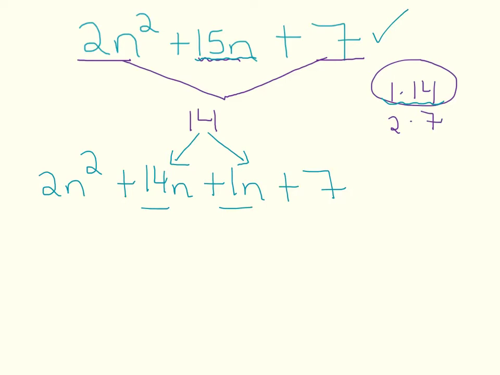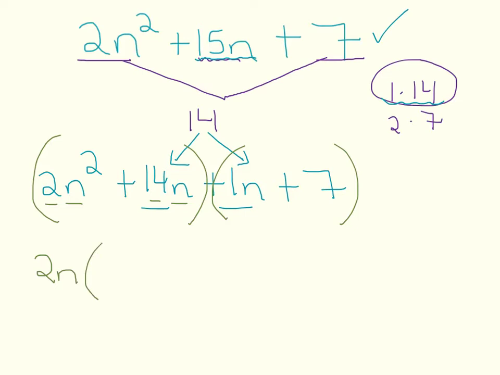Group it means we're going to group the first two terms together and the second two terms together. So now we're going to factor each binomial by finding the greatest common factor. So 2 and 14 have a common factor of 2, and then both of these have the variable n.